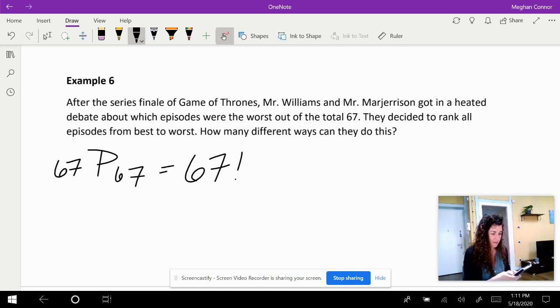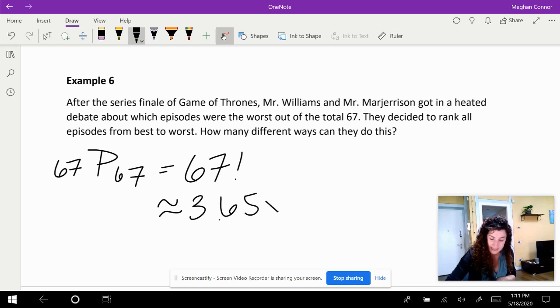Menu 5. Oh, nope. Menu 5, 1. You will get a number that has E94 at the end. So remember that that is scientific notation in disguise. Oh, not 67, 94.